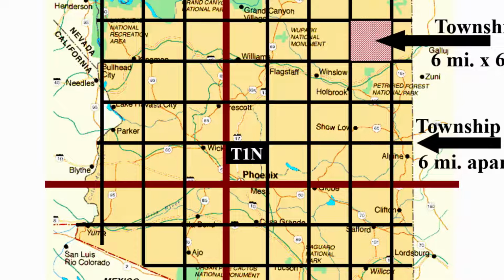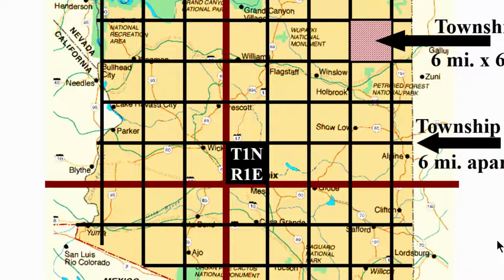Aside from designating it by the township number, we also designate it by the range number. This particular township lies in the first range east of the meridian. Therefore, we designate this township as Township 1 North, first one north of the baseline, and Range 1 East, first range east of the meridian.